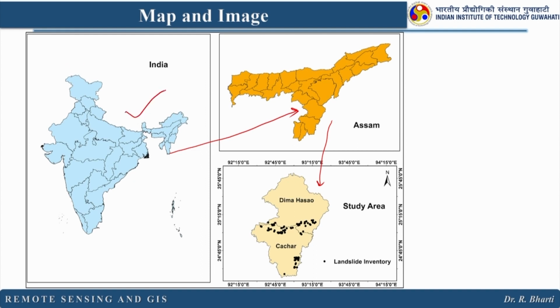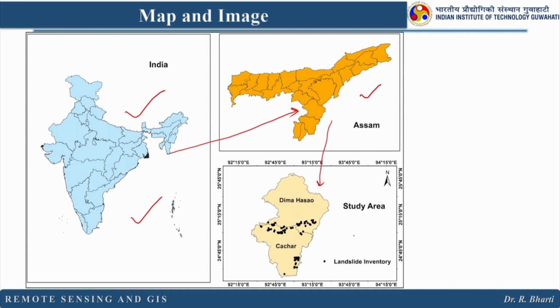Why am I calling it an image? Because it doesn't have any location value. We don't know whether this image is a true representation of India or a wrong representation of India. This particular image also doesn't have any location value.